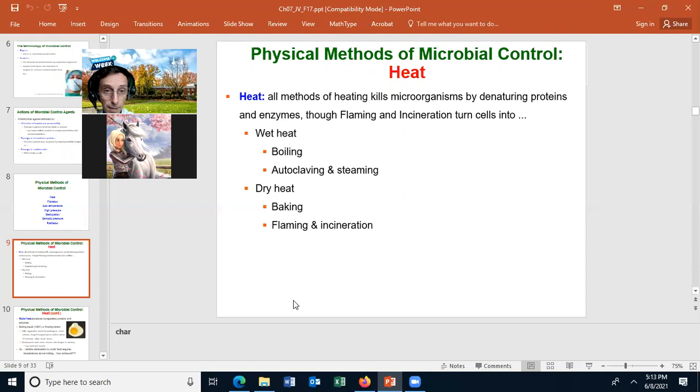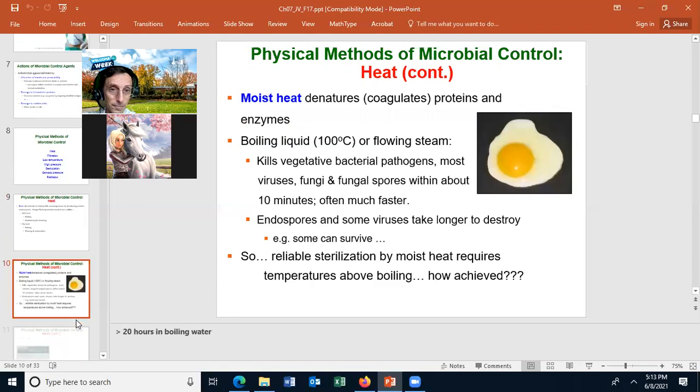But also flaming and incineration use dry heat, although flaming and incineration use very high temperatures, and so they kill cells fairly quickly, because when you put something in the flame, the cells literally burn and become char, and they'll die very quickly. Whereas when you bake things, it takes longer for the cells to die.